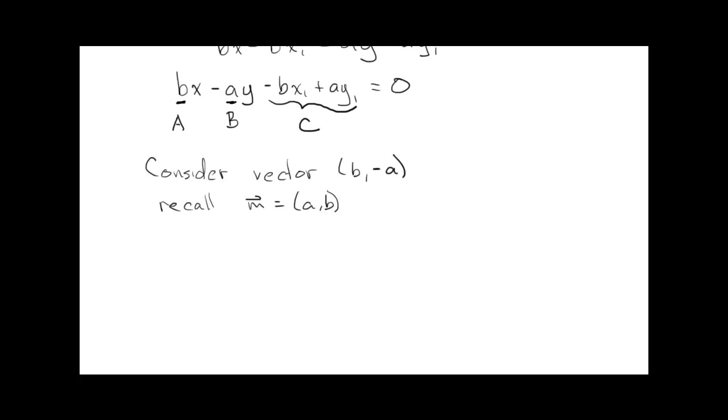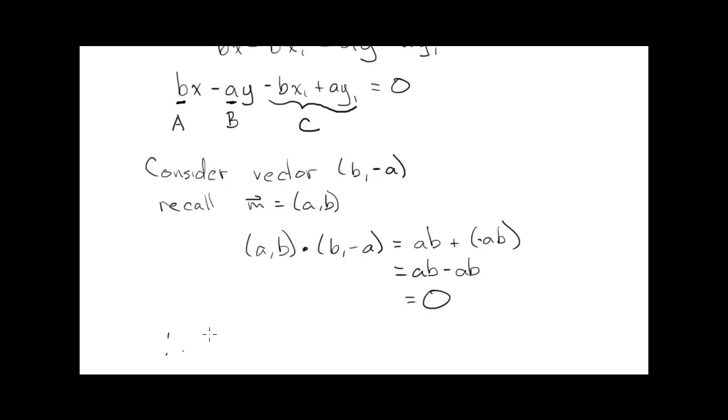I think we made a conjecture earlier, or a guess, that these two vectors would be perpendicular. Well, how can I check if they're perpendicular? (a, b) dot (b, minus a) is equal to a times b plus negative a times b, which is ab minus ab, which is 0. Therefore, the vectors are perpendicular.